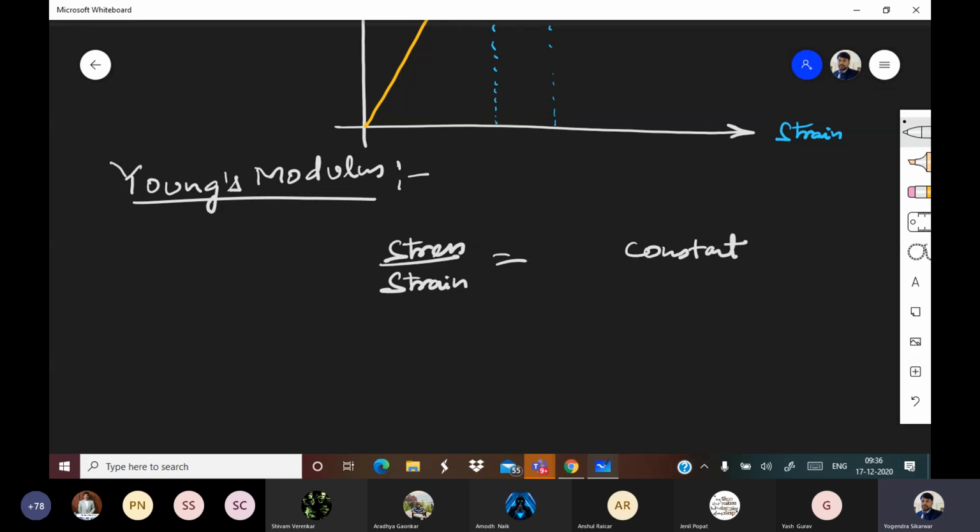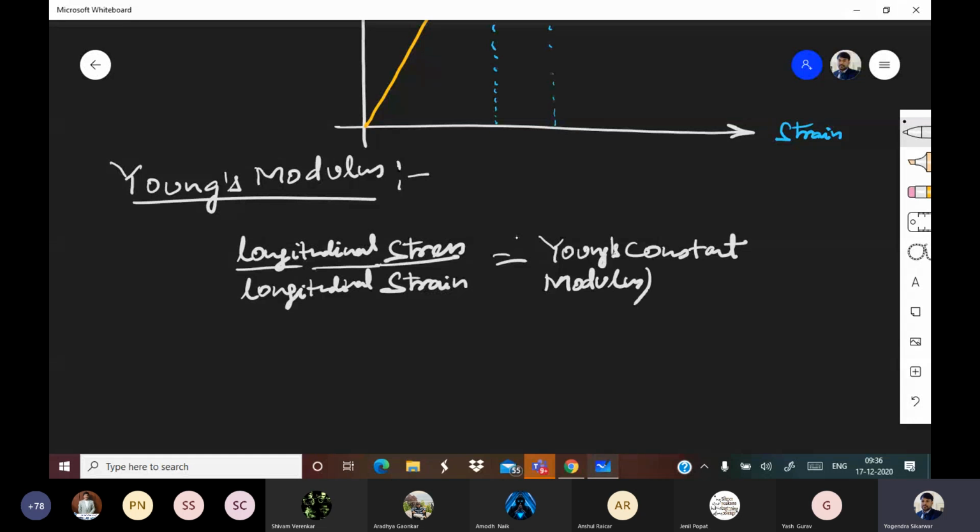He said within the elastic limit, the ratio of longitudinal stress and longitudinal strain will remain constant, and that will be called Young's modulus. So basically, he gave a very dignified name to that term constant, and he said this concept will be called Young's modulus. All right.